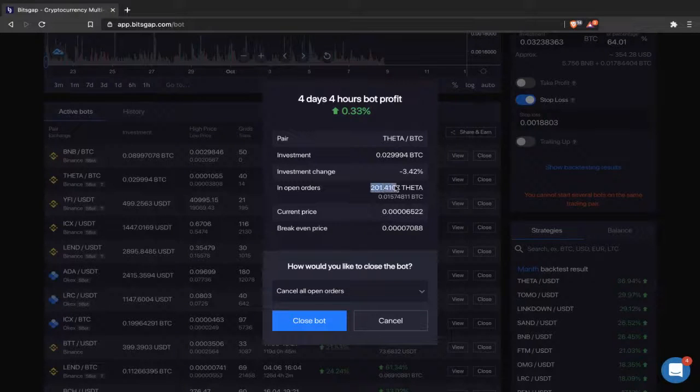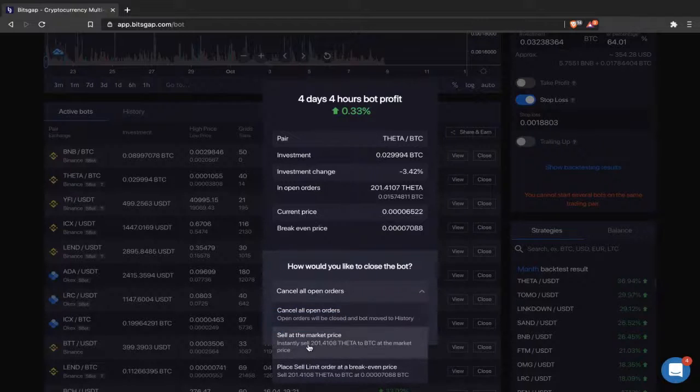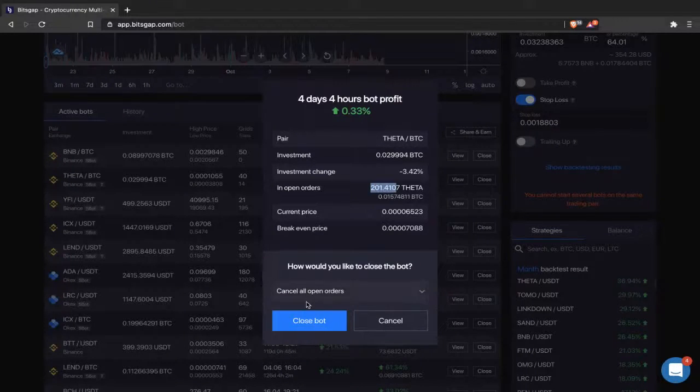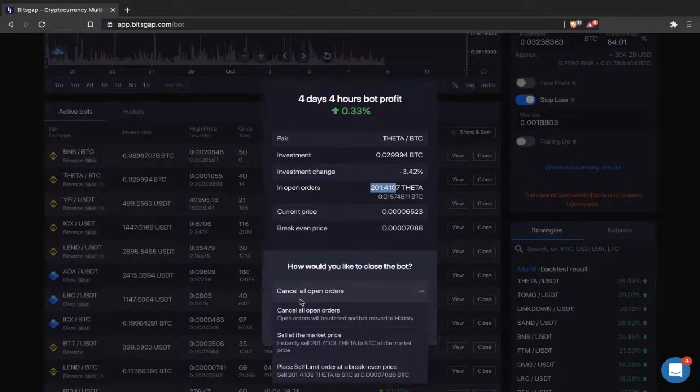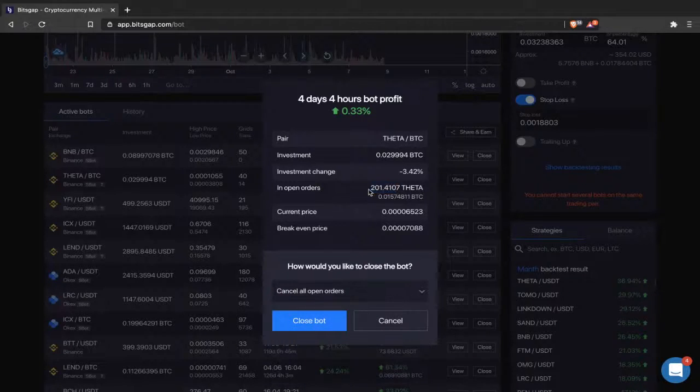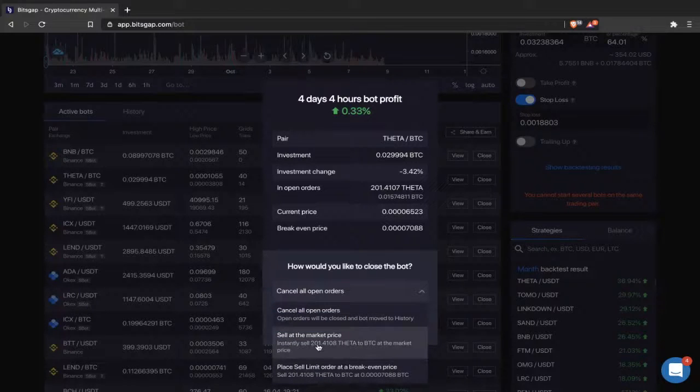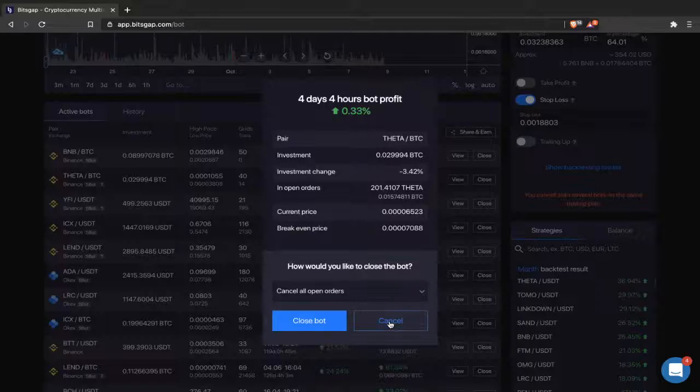So you will not get rid of ETH in this case. But if you sell it at the current market price, that's a 100% exit. So be very attentive when it comes to exit strategies, because the first one just cancels all open orders. It doesn't sell the base currency. Whereas with the options of sell at the market price and break-even, it will sell the base currency.